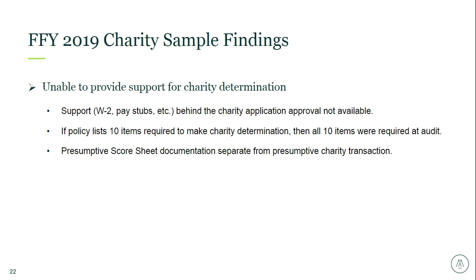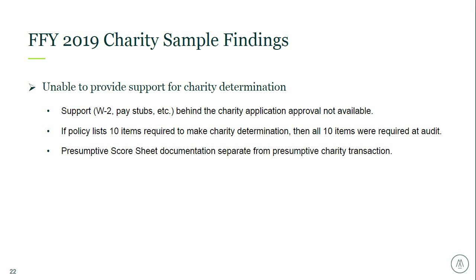If the policy stated that a patient must have 10 specific documents to qualify for charity, the MACs are requiring all 10 of those items be supplied during the audit. And any lack of documentation led to adverse audit findings and the potential for large extrapolations as well.